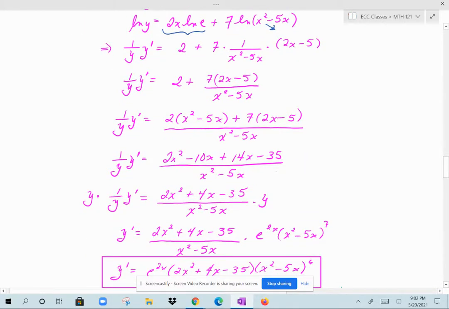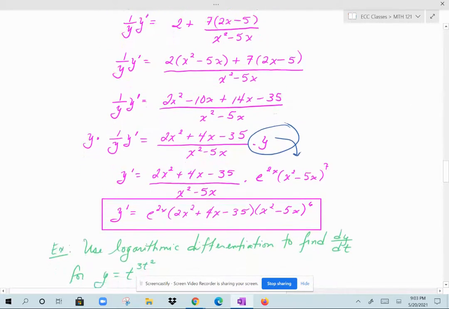And then remember, I need to solve for y prime. So what I did was I multiplied both the left side and the right side by y, so that on the left side the y's cancel, and I'm left with just y prime on the next line. But we know what y is equal to. y is equal to the original function, e to the 2x times x squared minus 5x to the 7th, so I replace y with that value.